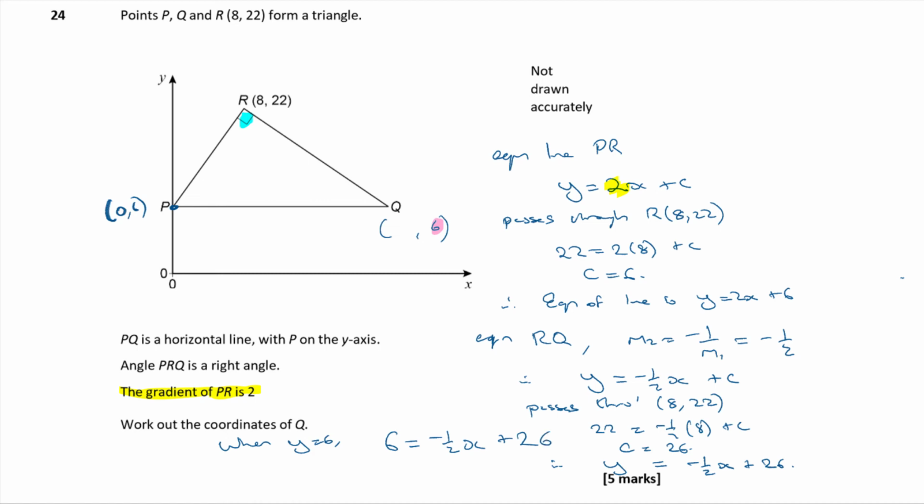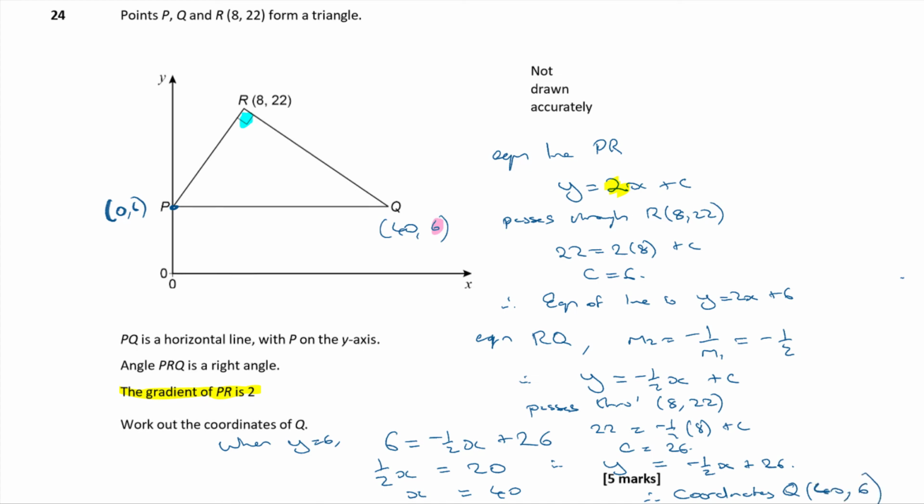Adding half x to both sides and taking 6 away, I get half x is equal to 20, and then timesing through by 2, I get x is equal to 40. So therefore the coordinates of Q are (40, 6).